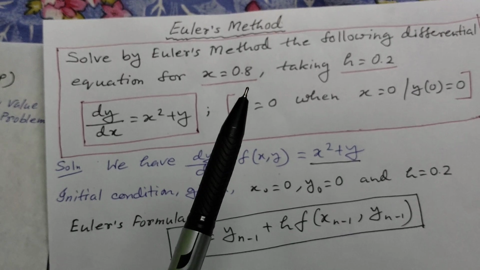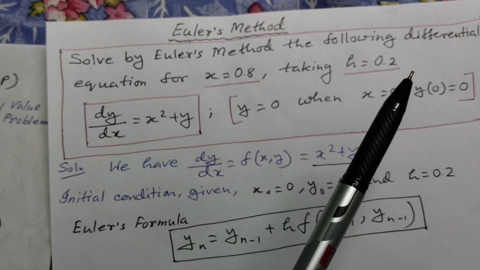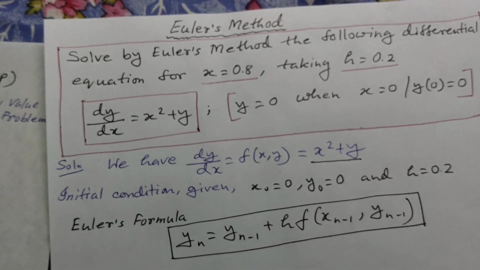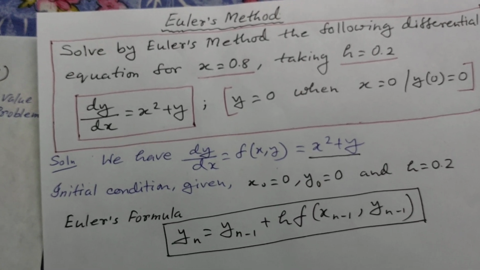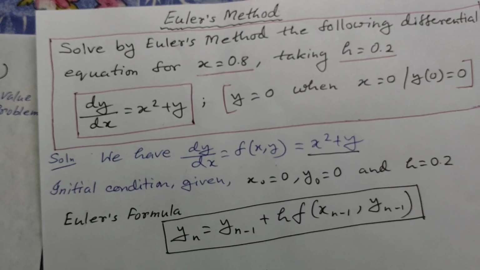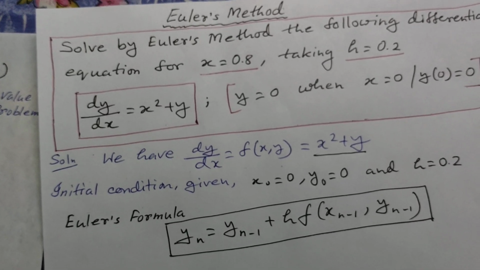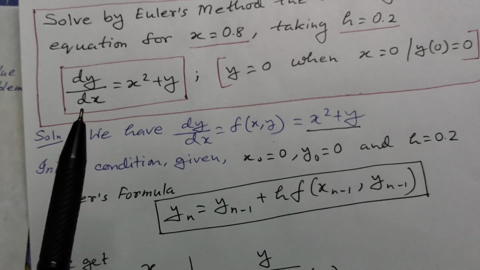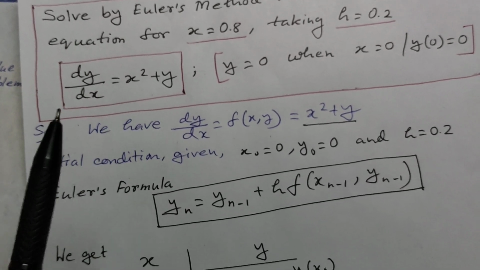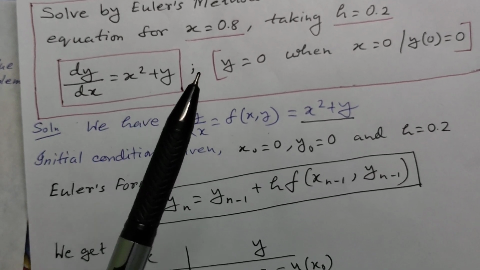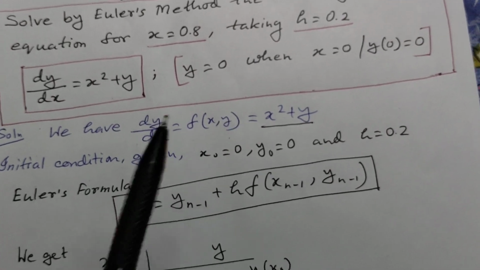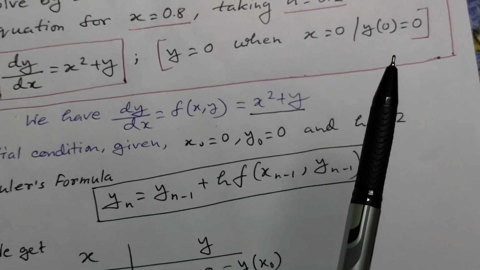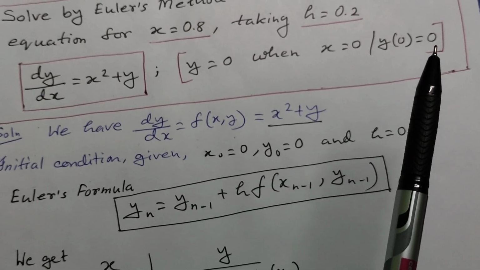So x = 0.8, taking h = 0.2, and what is h? h is the difference between two consecutive instances of x, that is x0 and x1, x1 and x2, x2 and x3, and so on, right? And dy/dx, as I said, will be given in your question. dy/dx here is x squared + y, and it is also given y = 0 when x = 0, or y0 = 0.